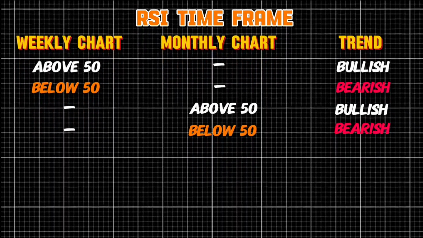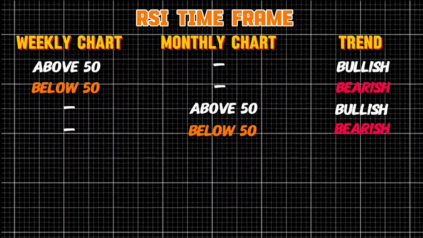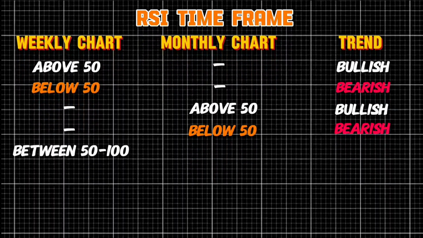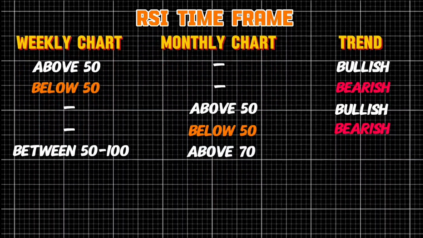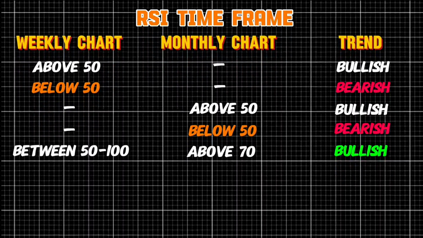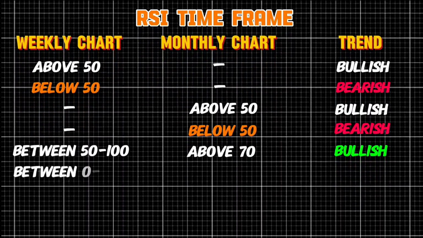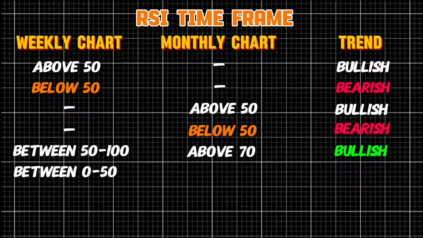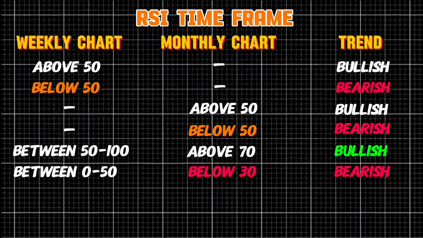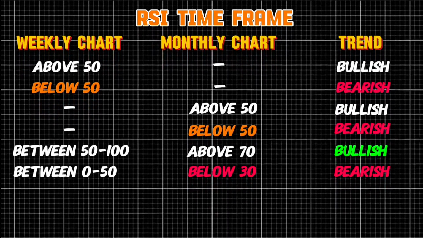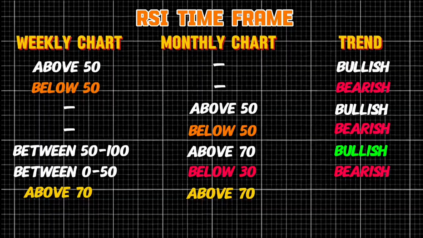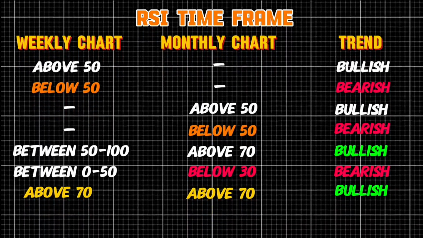Here's an important multi-time frame combination. If the weekly RSI is between 50 and 100, while the monthly RSI is above 70, the stock is showing strong bullish momentum. But if the weekly RSI is between 0 and 50, and the monthly RSI falls below 30, that signals strong bearish momentum. And finally, if both the weekly and the monthly charts show RSI above 70, that's an extremely strong bullish trend.